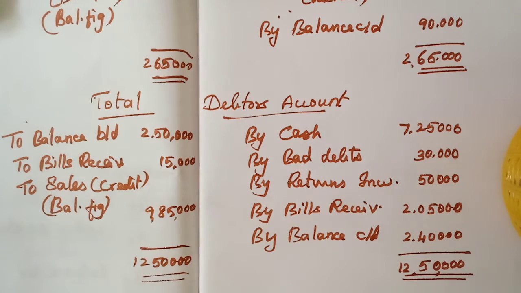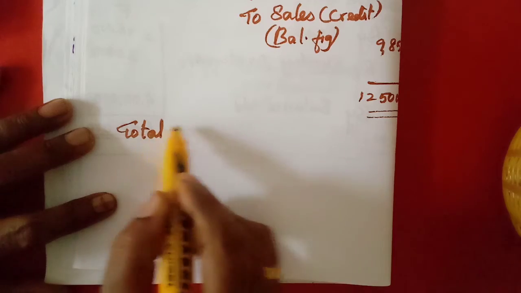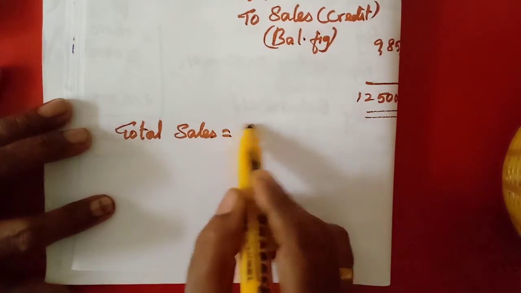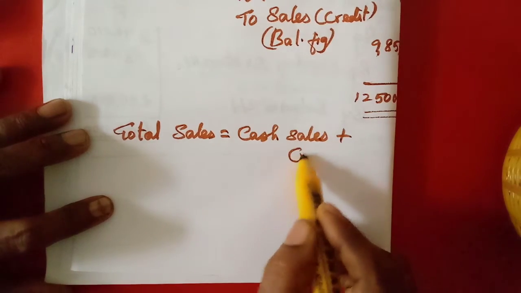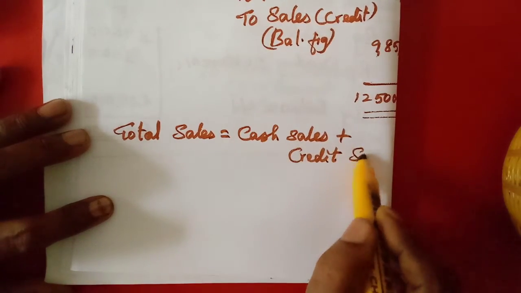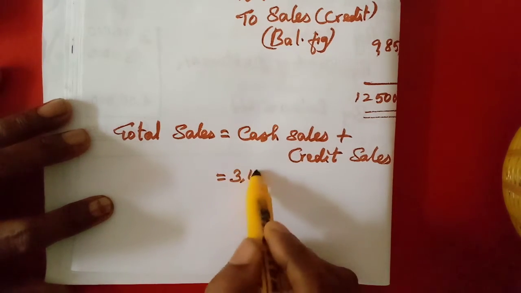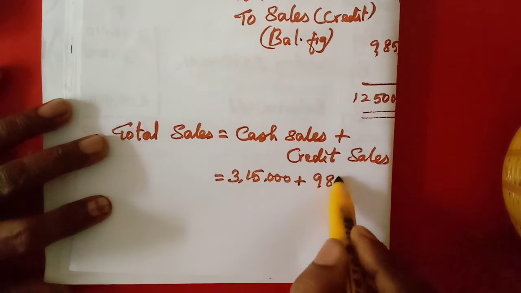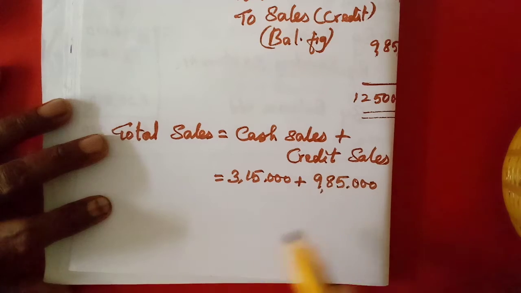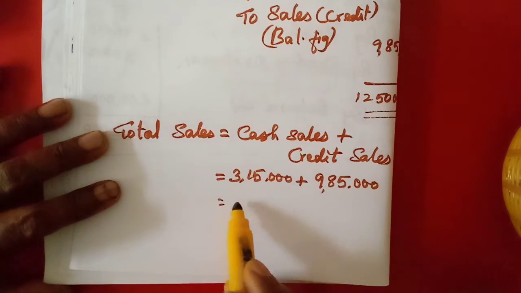What is the question now? The question is to calculate the total sales. So you write total sales is equal to cash sales plus credit sales. How much is the cash sales given in the problem? 3,15,000 plus credit sales 9,85,000. 9,85,000 plus 3,15,000, 10 lakh plus 3 lakh, 13 lakh.